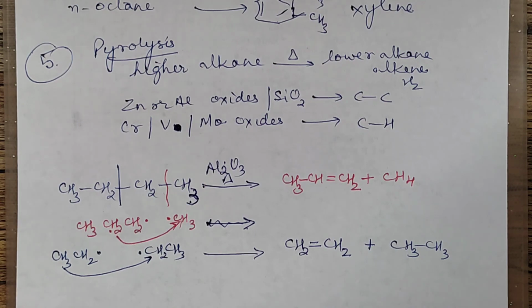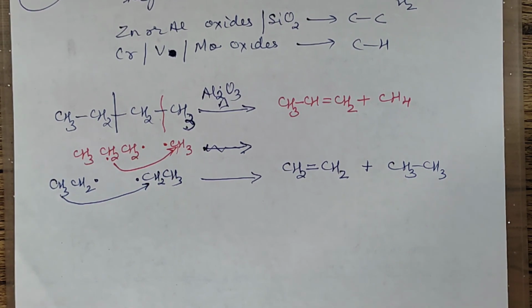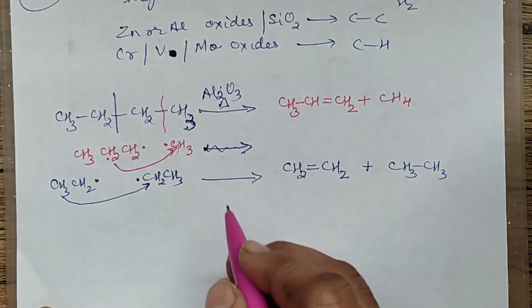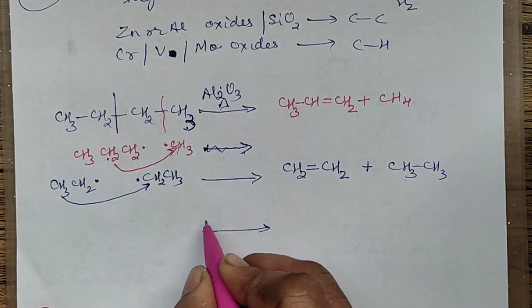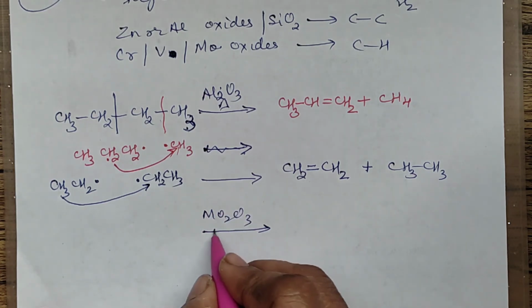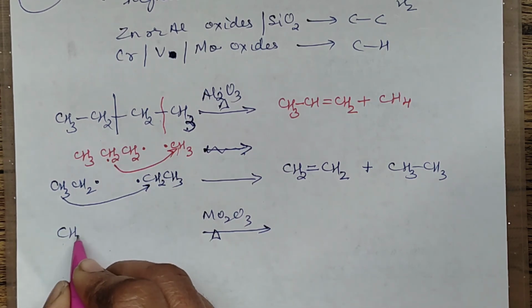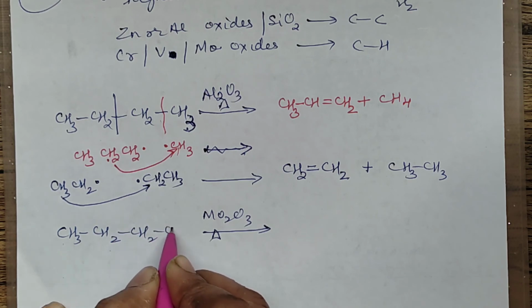In the same reaction, suppose the catalyst used is different. Suppose it is given in the same reaction, butane only, and the catalyst is, say, chromium oxide or molybdenum oxide, and you are heating in the presence of it. Then the carbon-hydrogen bond may break. That means you may have CH2, CH2, CH3.